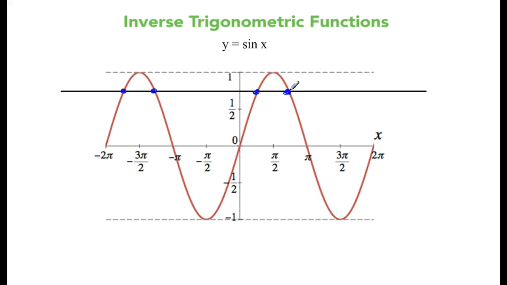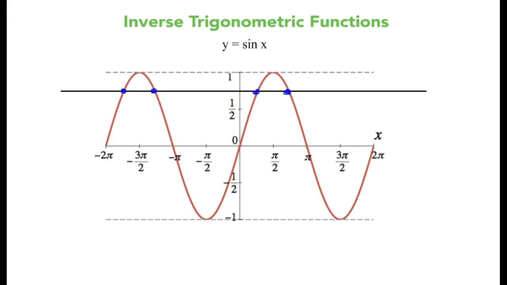Well, here, because this is what we call a periodic function, it just keeps doing the same wave over and over again forever. This would intersect a horizontal line an infinite number of times. So a trig function itself cannot have an inverse as it stands.